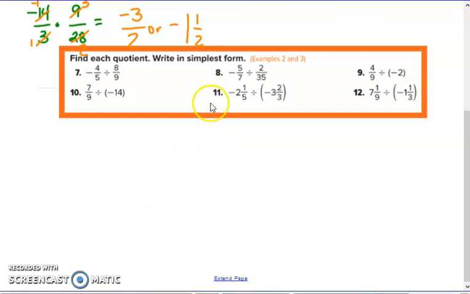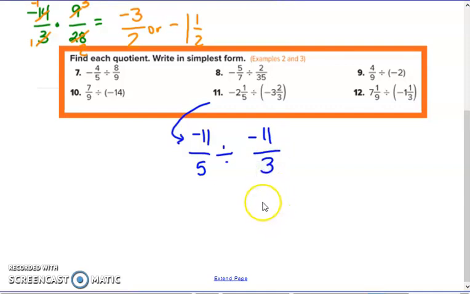So I've got a -2 and 1/5. 2 times 5 is 10, plus 1 more is 11, so -11 fifths, divided by, and I'm going to change this into an improper fraction too. -3 times 3 is 9, plus 2 more is 11, so I got -11 over 3. Notice something. That's going to be kind of cool when I have to flip this and multiply it, isn't it?